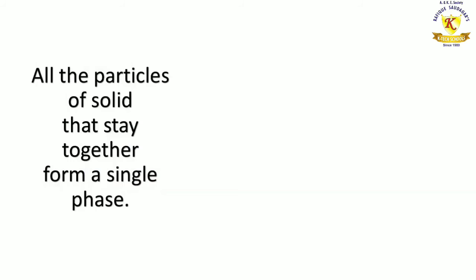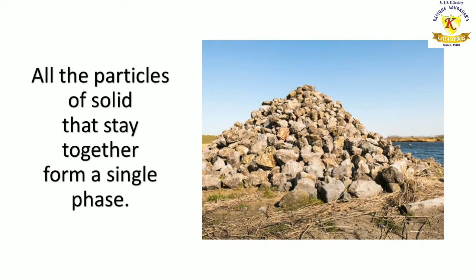All the particles of solid that stay together form a single phase. For example, here we have a heap of stones. So many stones come together and they form a single phase, means a uniform composition, same composition.